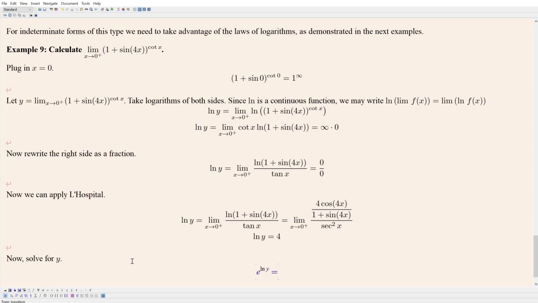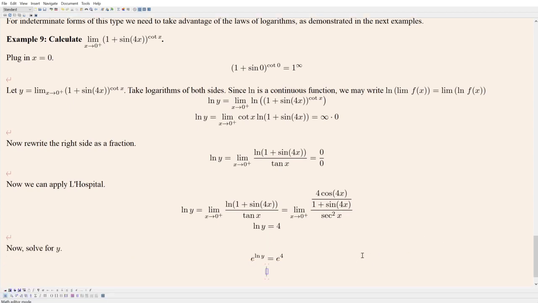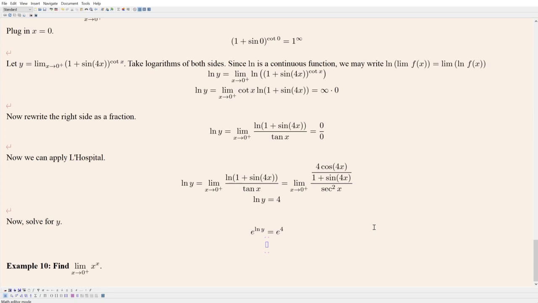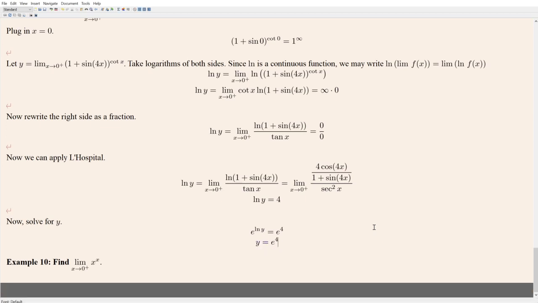So e to the power log y equals e to the power 4. On the left, the e and the log cancel, so we get y is equal to e to the power 4. So there's our limit.